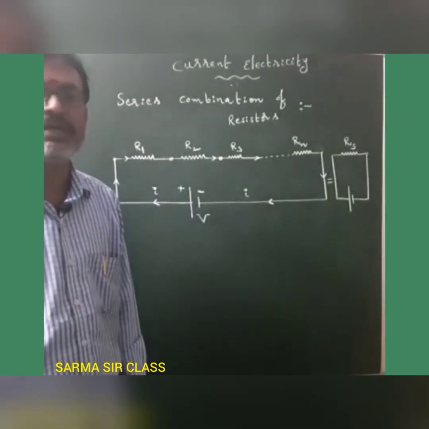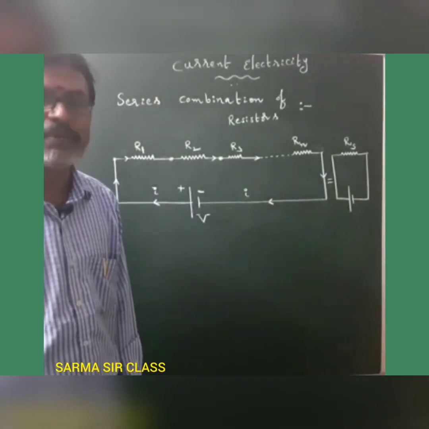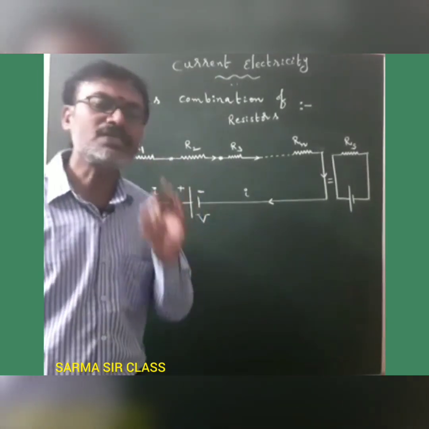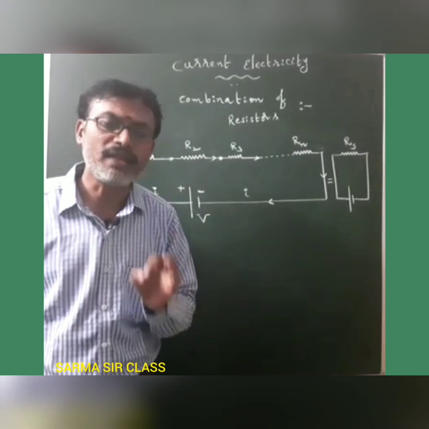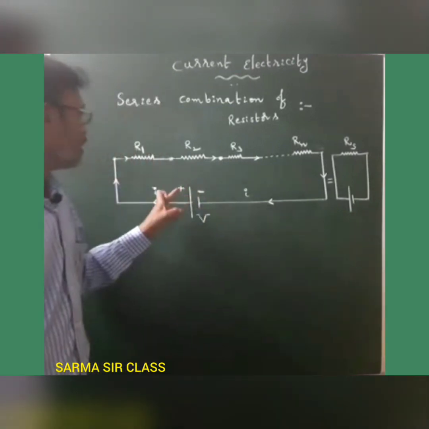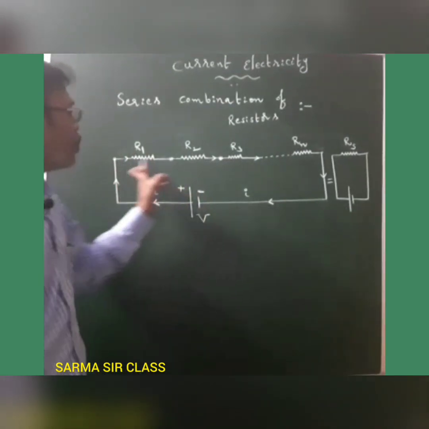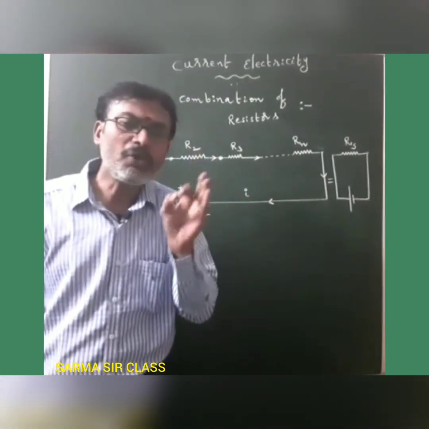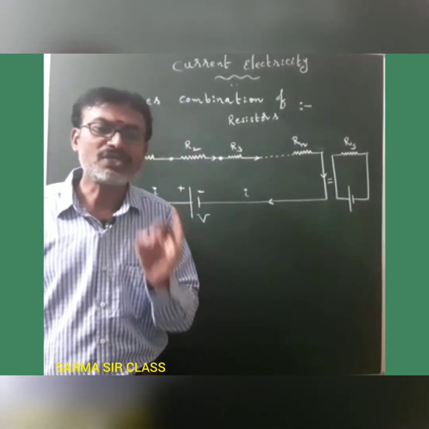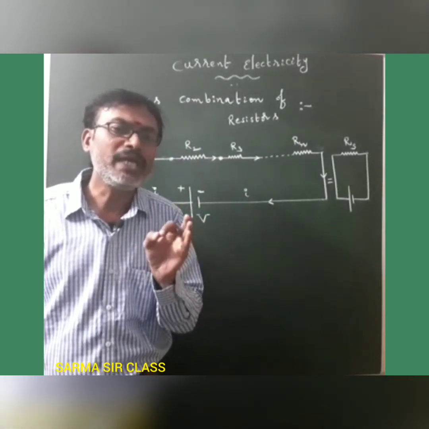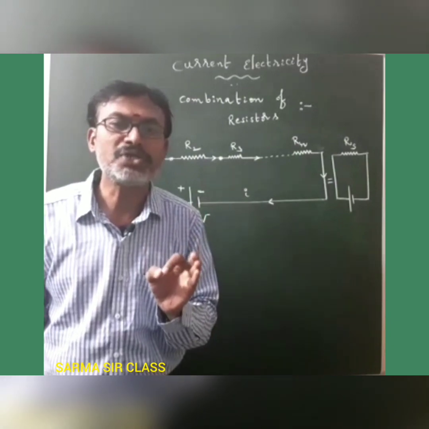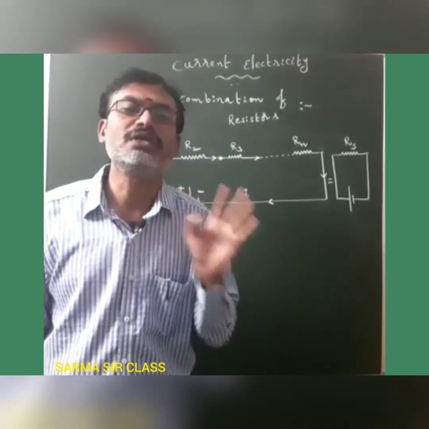Getting the point? Once again, I'm repeating: the resistors are arranged in such a way that the current flows only in one direction. Then such a combination is known as series combination of resistors.